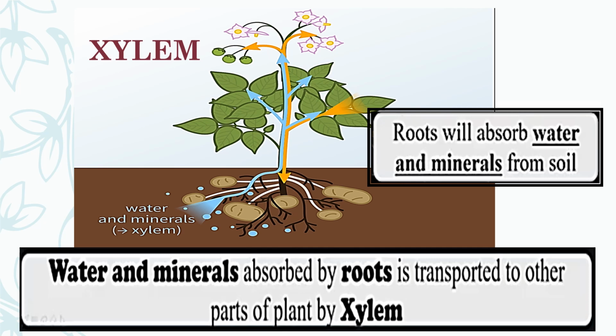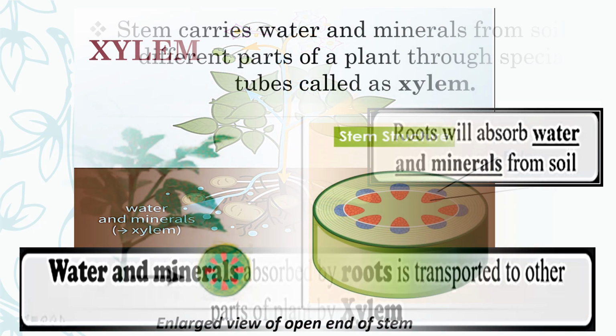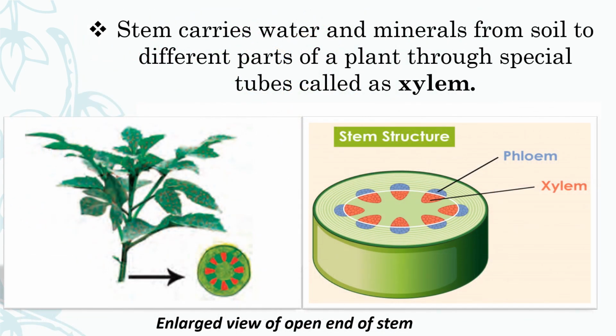And these tubes are called as xylem. So, we can say that it is one of the important functions of the stem, where stem carries water and minerals from soil to different parts of a plant through special tubes called as xylem.